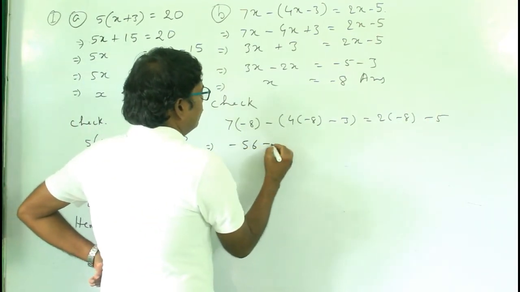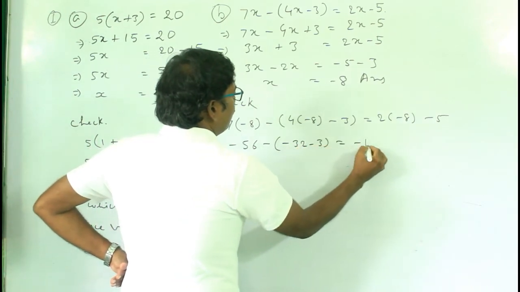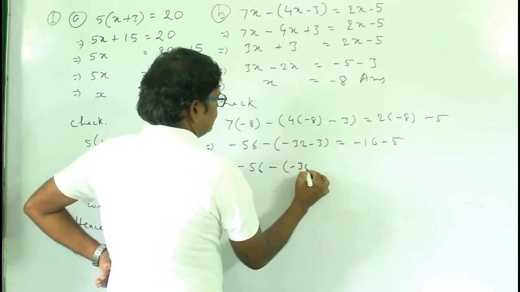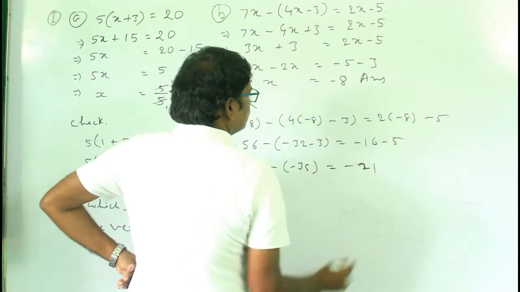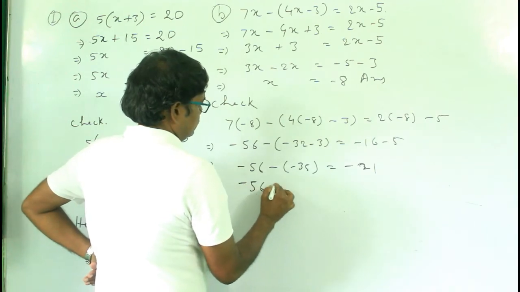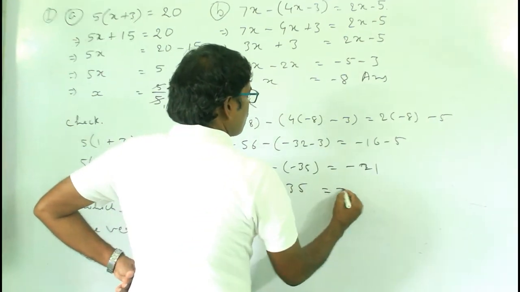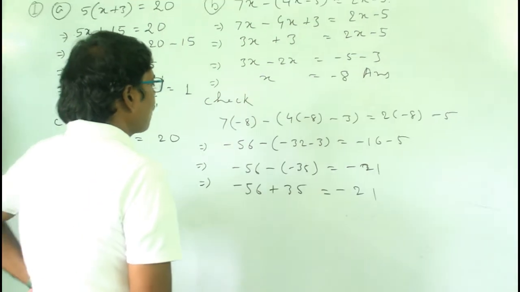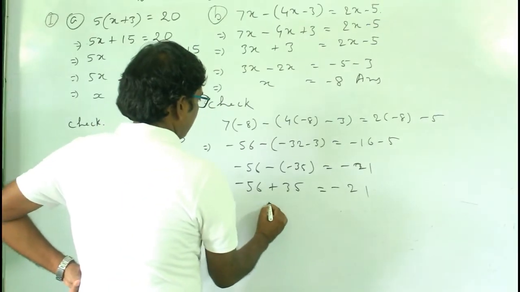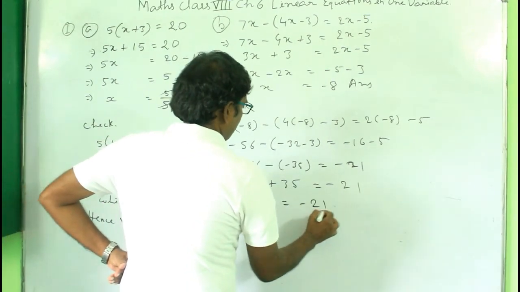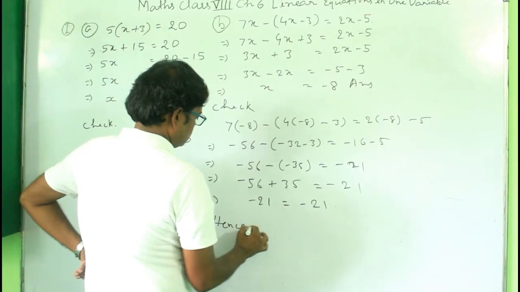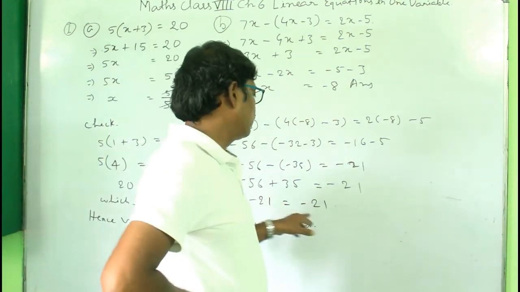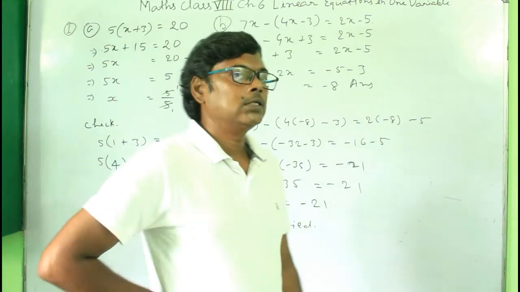It is 56 minus 21. So see here that on both sides we have got equal results. So it means that our answer, that is x equal to minus 8, is correct.